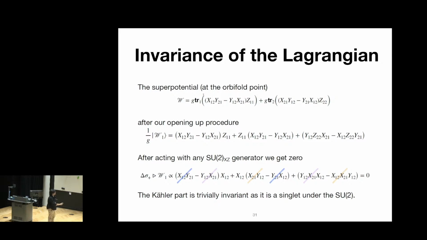We cut it open. This is the cut open superpotential. And we simply apply the coproduct the way I showed you. Things just beautifully cancel. I put my colors to show you how things cancel, and you get 0. This is the symmetry of the superpotential. And the Kähler part is also trivial because it's a singlet.